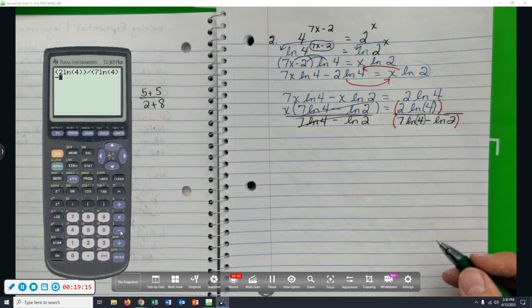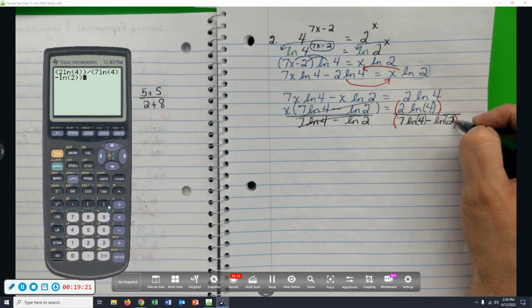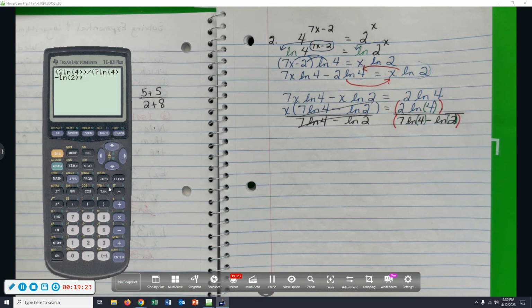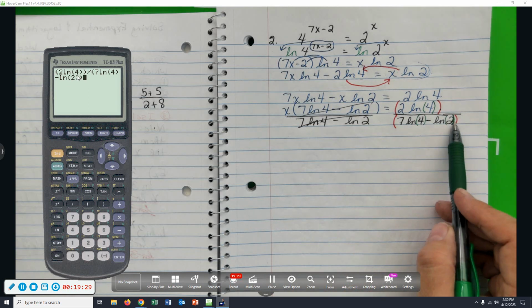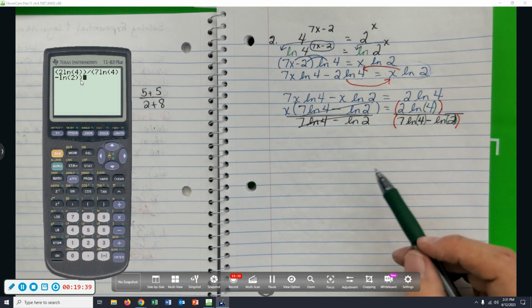That is a minus ln 2, close the parenthesis after the 2, close off the denominator. Do you need the parentheses in place? Well, this particular model will not give you a syntax error if you don't close them off. Some models will give you syntax errors.